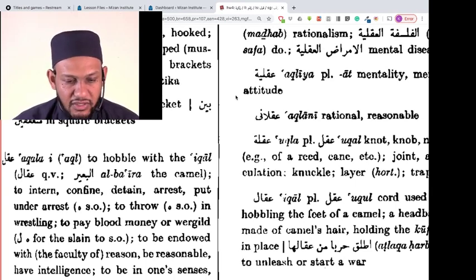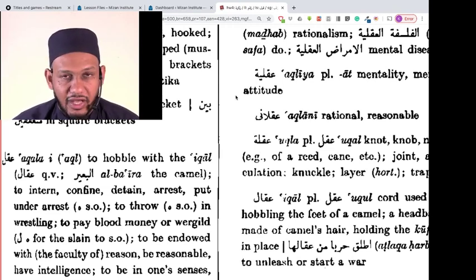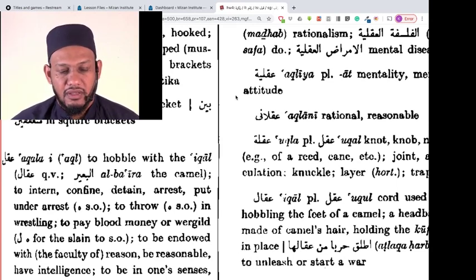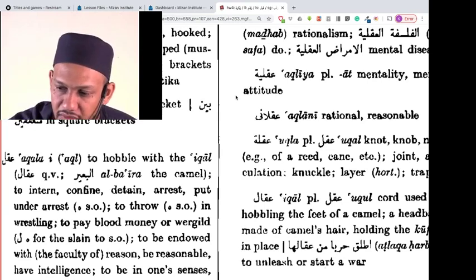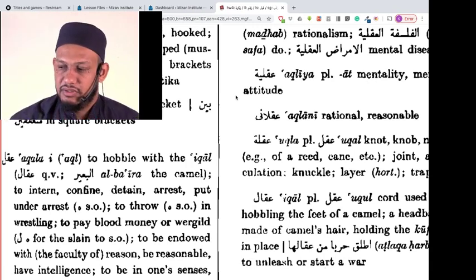It also means to intern, confine, detain, arrest, put under arrest, and so on. To pay blood money as well. To be endowed with the faculty of reason. To be reasonable, to have intelligence, to be in one's senses. So that is the word aql.